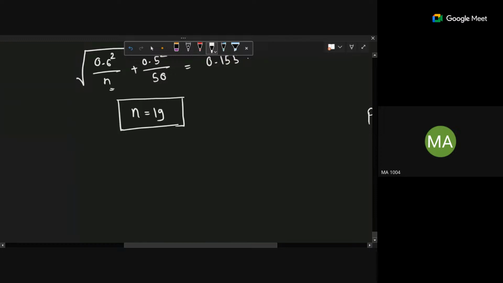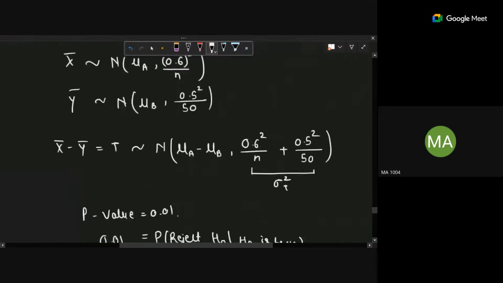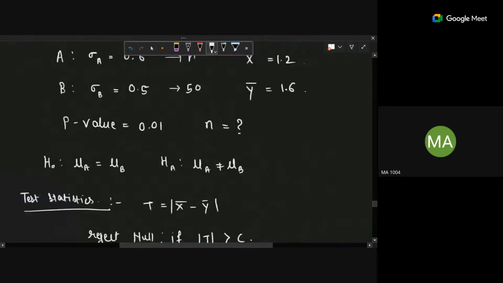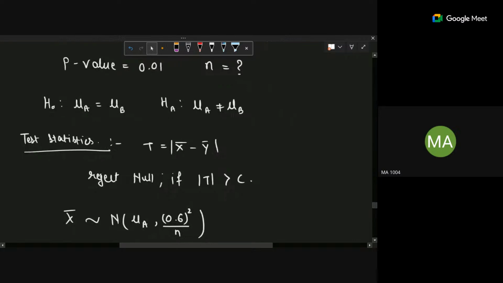So basically the idea was that there was a two sample test where the variance and sample means were given to us. The p value was also given, and we were asked for the number of samples taken for machine A. We take our null hypothesis to be that both the means are equal, and the alternative that they are not equal.